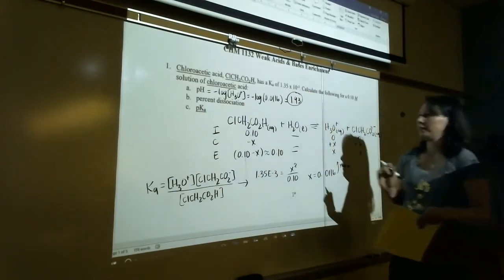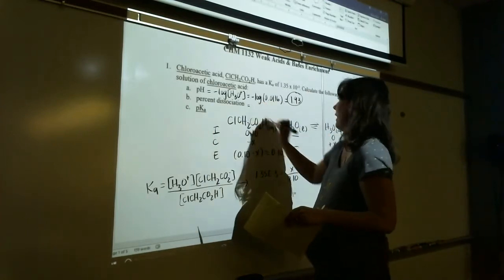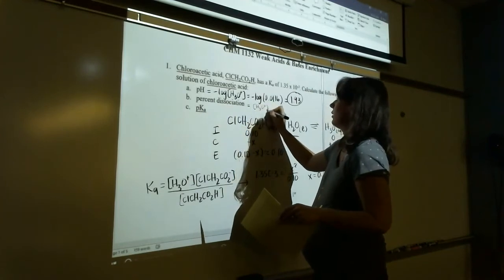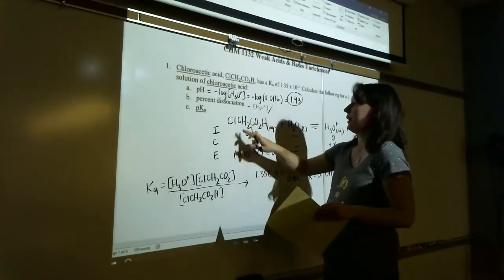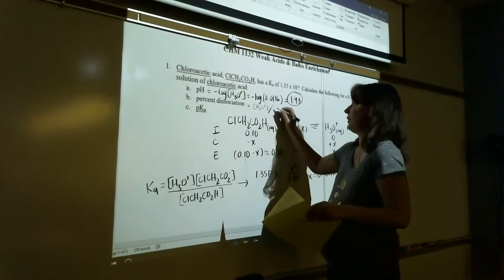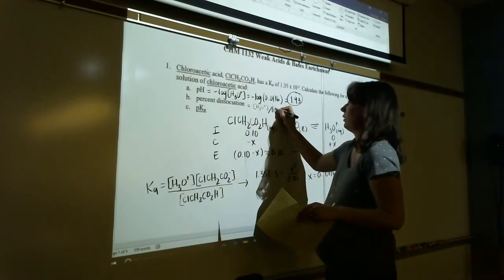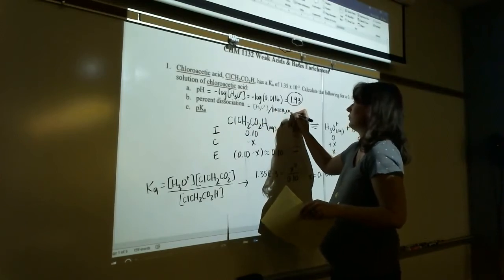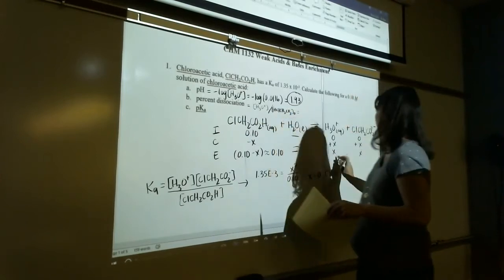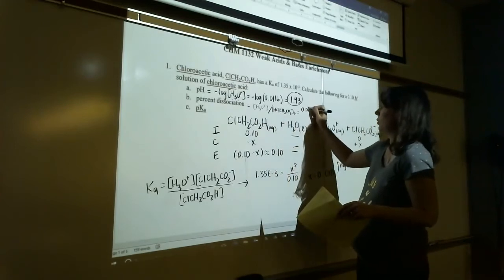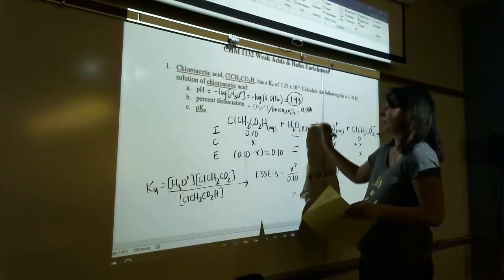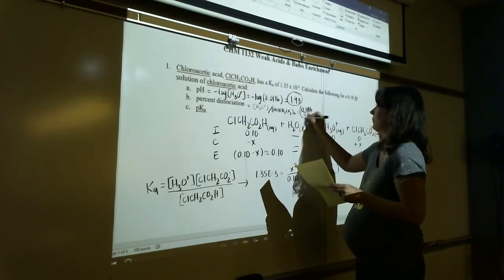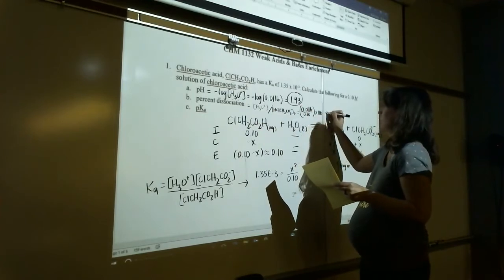All right, for the percent dissociation, that would be my H3O plus at equilibrium over the acid concentration that I began with. So that would be 0.0116 divided by 0.1 times 100.